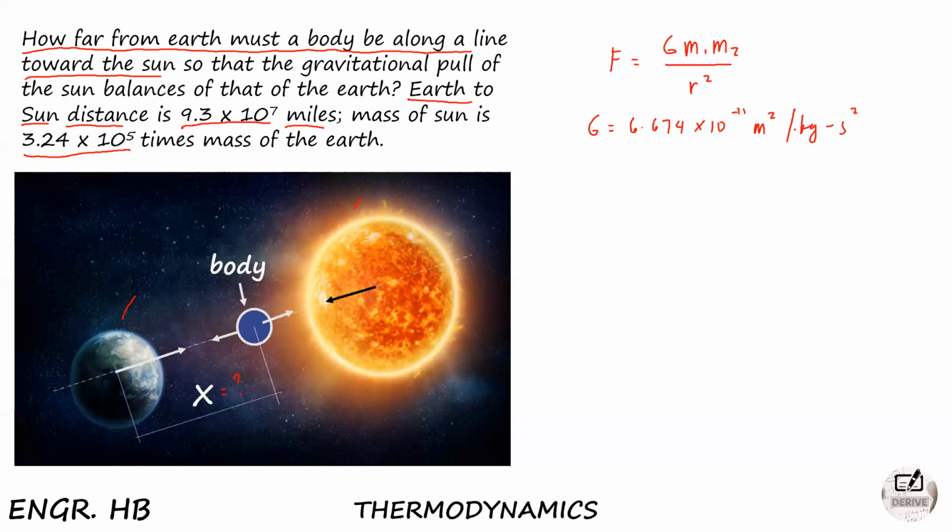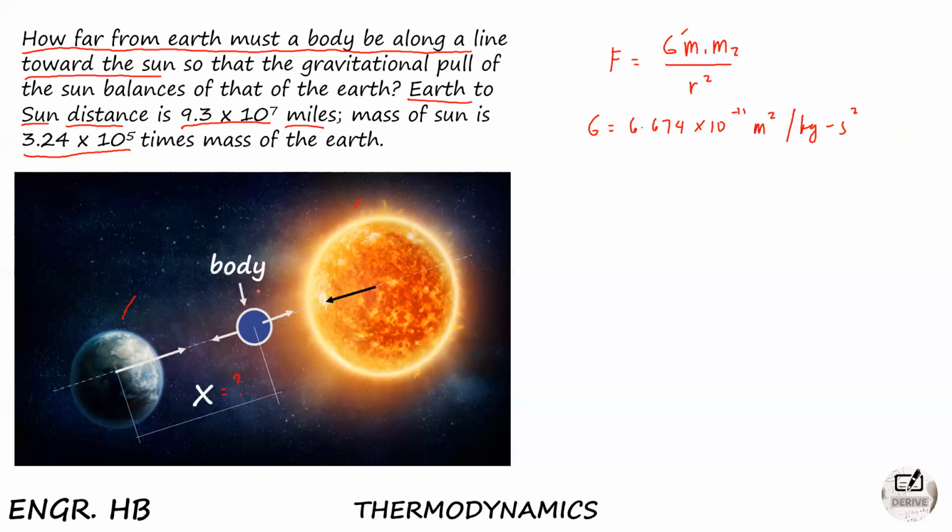So just a little recap. And of course, since Newton's law of gravitation says every particle attracts every other particle, we are going to have a pair on this given problem: si Earth tsaka si body, and si body tsaka sun. So ibig sabihin sa formula na F is equal to G M1 M2 over R squared, of course G is constant.